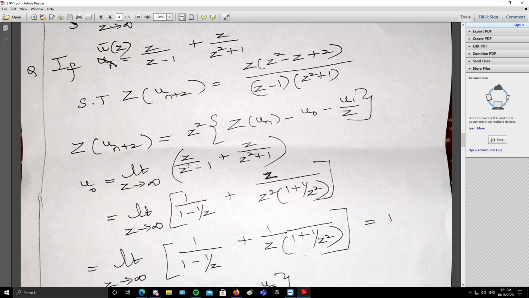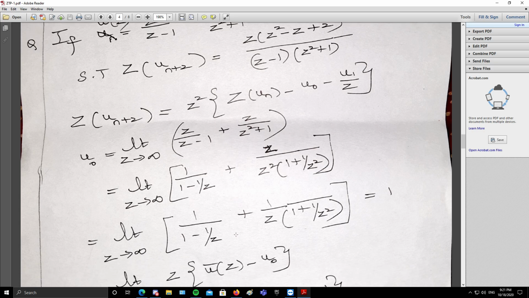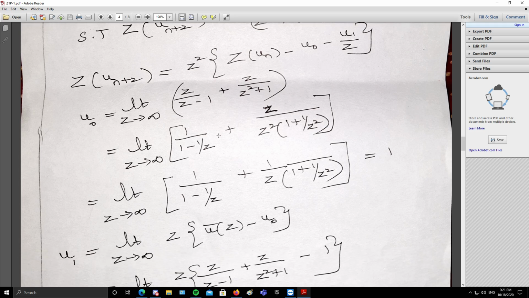Now as z tends to infinity, it takes up infinity by infinity form. So you can go for L'Hopital's rule, or you can simplify like this. Whenever it takes up infinity by infinity indeterminate form, don't go for L'Hopital's rule in Z transform.